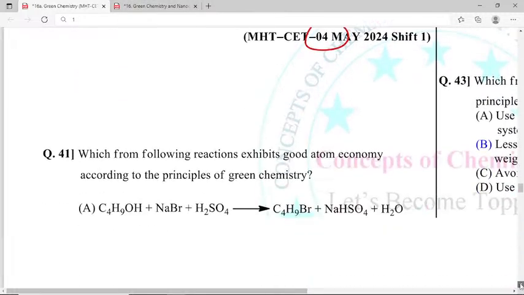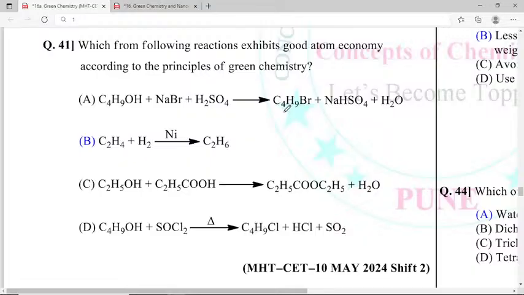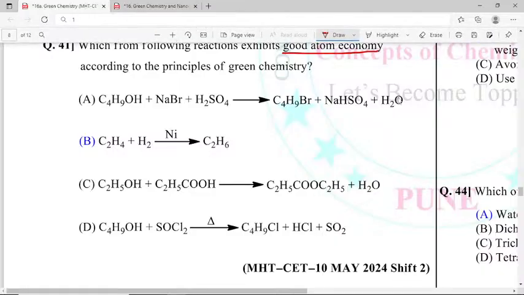Same question. Which from following exhibits good atom economy? That's a combination reaction. For good atom economy, it should always be a combination reaction.